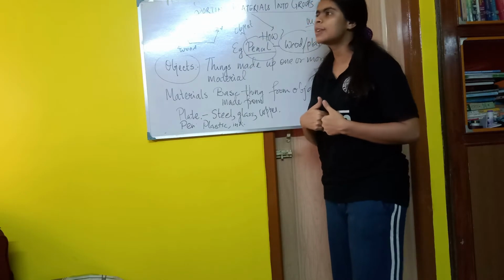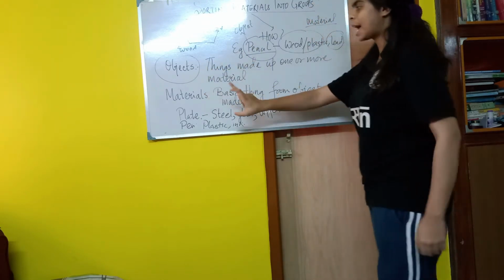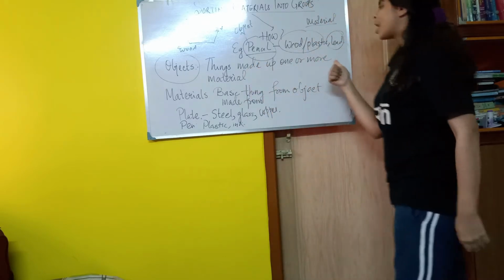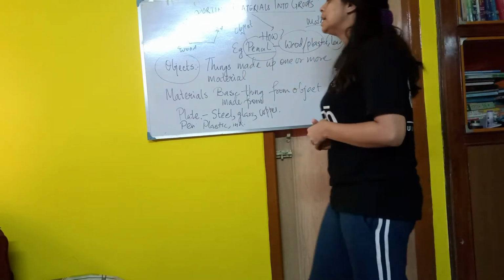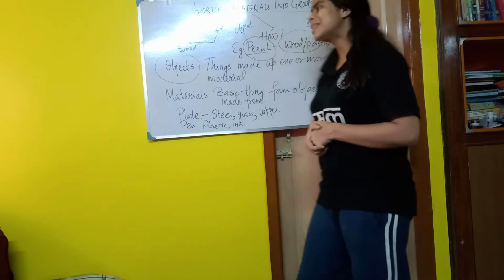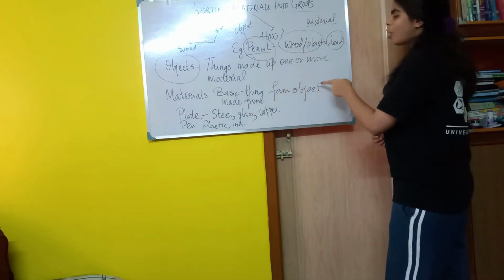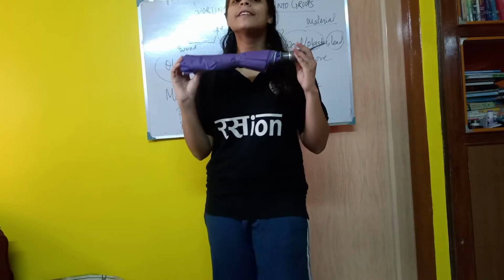Now, in the last class we discussed what is an object and what is a material, right? The things made up of one or more materials are called objects. And what is material? The basic thing that is needed to make an object. For example, let's take this umbrella.